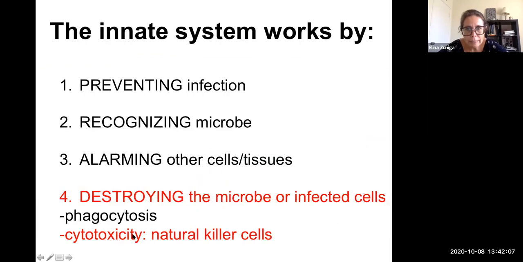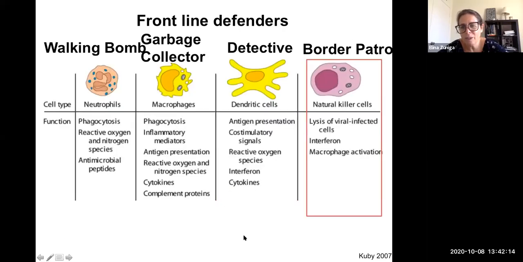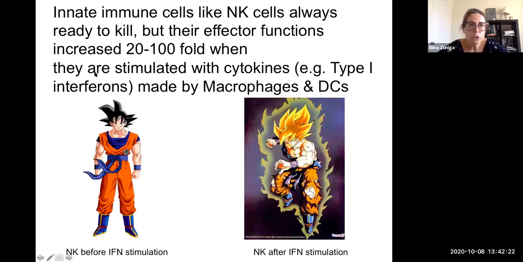Okay, last mechanism for destruction is cytotoxicity. And natural killer cells, as the name implies, are very efficient at killing infected cells and also tumor cells. So the natural killer cells are always ready to kill, but as we mentioned before, their effector function can increase 20 to 100 fold when they are stimulated by cytokines like the type 1 interferons that we mentioned can activate natural killer cells.